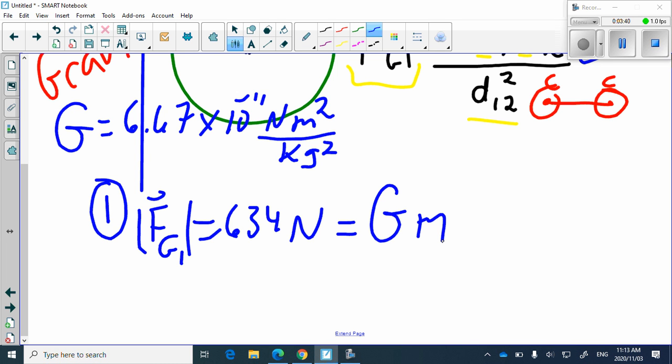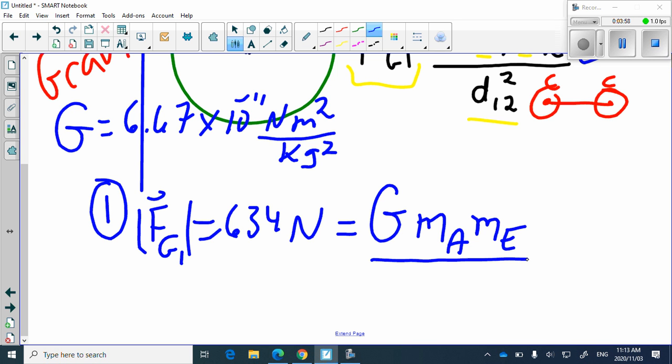An astronaut. The mass of the astronaut times the mass of the Earth, because those are the two objects involved, right? Those are the two objects that are pulling on each other, gravitationally speaking, divided by how far apart they are center to center.